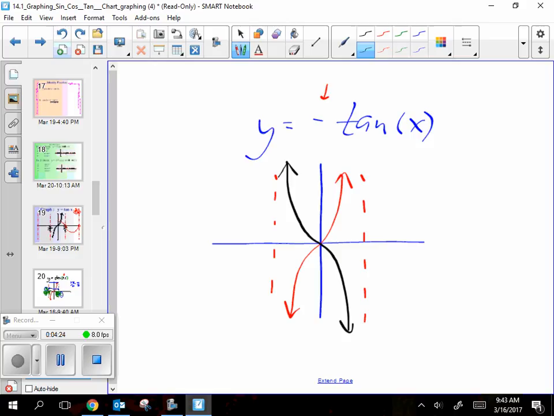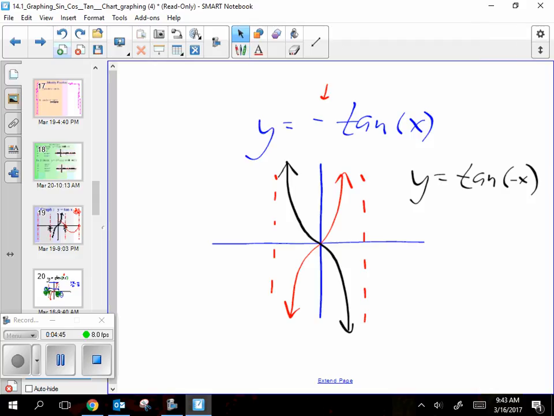That is a vertical reflection of tangent. But wait, there's more. Because if I had done tangent of negative x, inside one is a horizontal reflection. Do you get, if I take this red one and I do a horizontal reflection, that it's going to end up exactly the same as if I had done a vertical reflection?